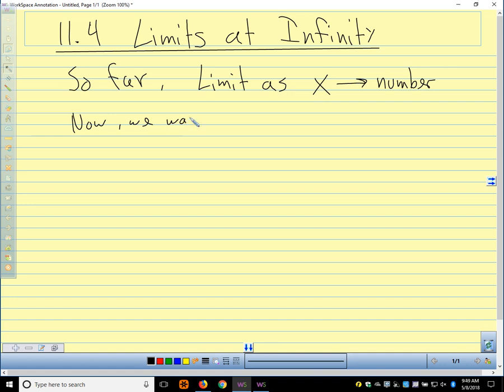we want the limit of our function as x approaches plus or minus infinity. So what we're saying here is, what happens eventually?